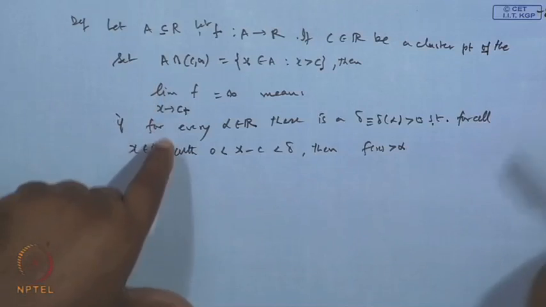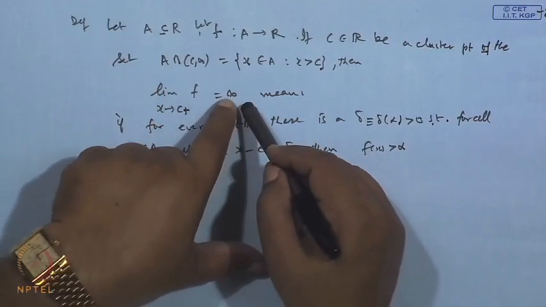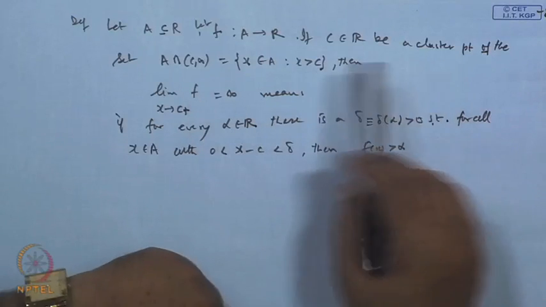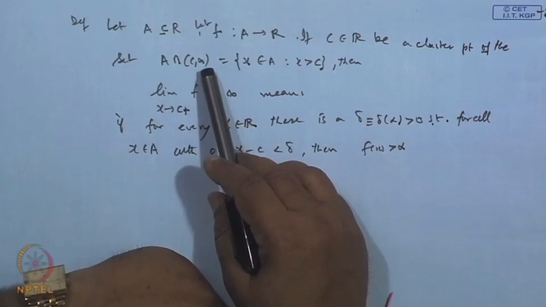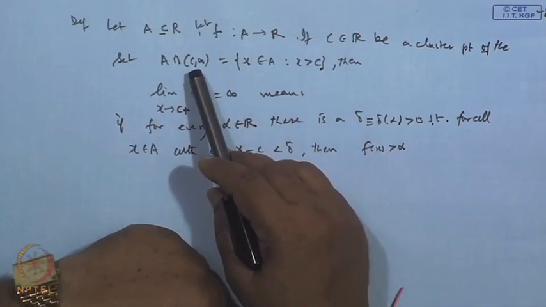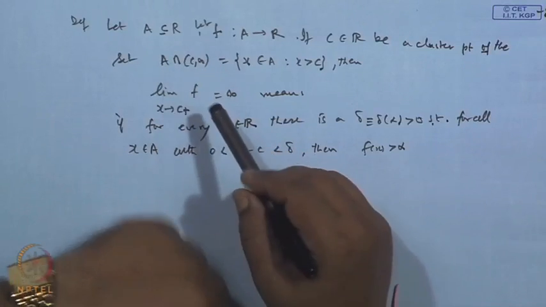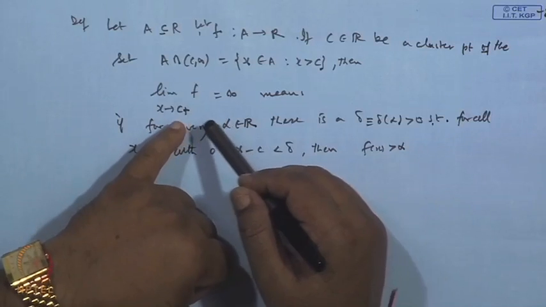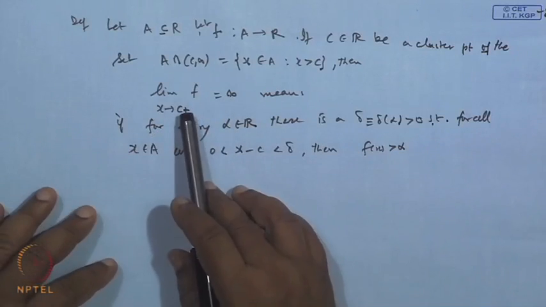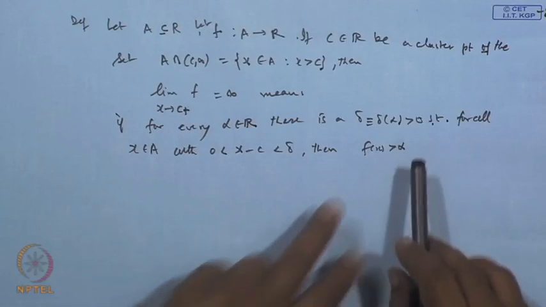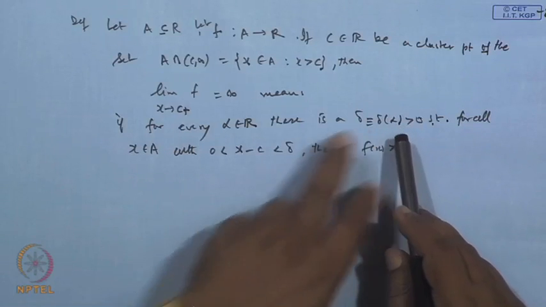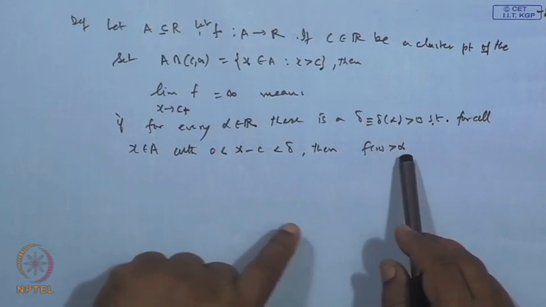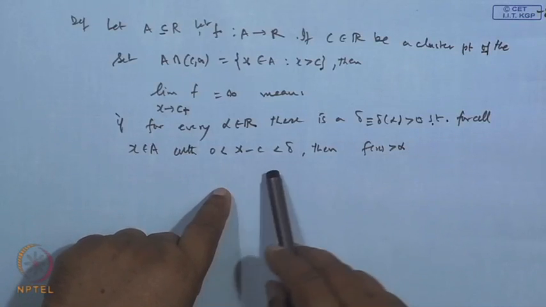The limit of f from the right hand side is infinity means that if I pick up the set A intersection (c, infinity) and c is a cluster point of this set, then the right hand limit is infinity means that we can identify a delta corresponding to every alpha such that f(x) will exceed alpha for all x satisfying this condition.